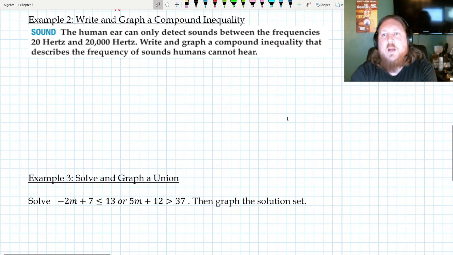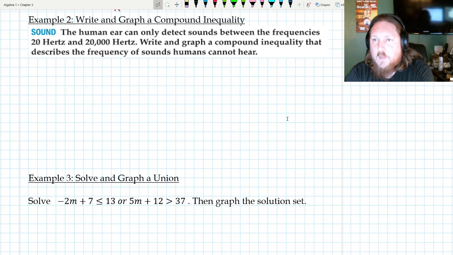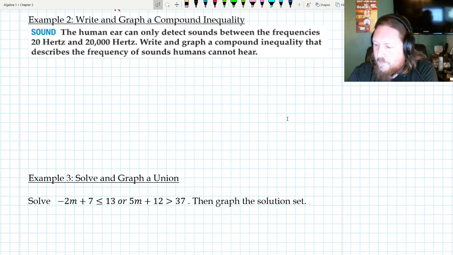Example 2, write and graph a compound inequality. The human ear can only detect sounds between the frequencies of 20 Hz and 20,000 Hz. Write and graph a compound inequality that describes the frequency of sounds humans cannot hear.